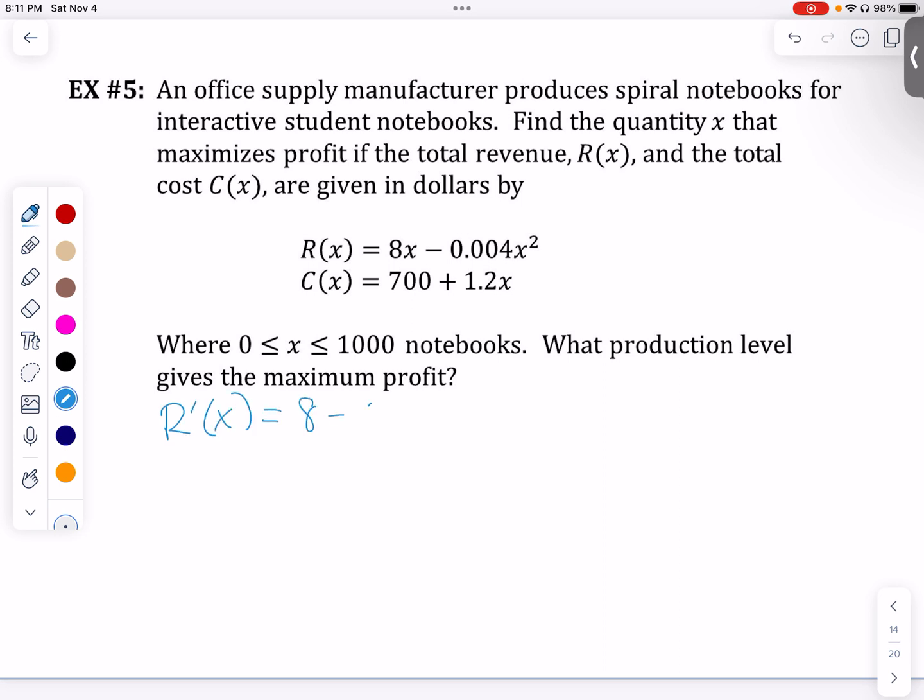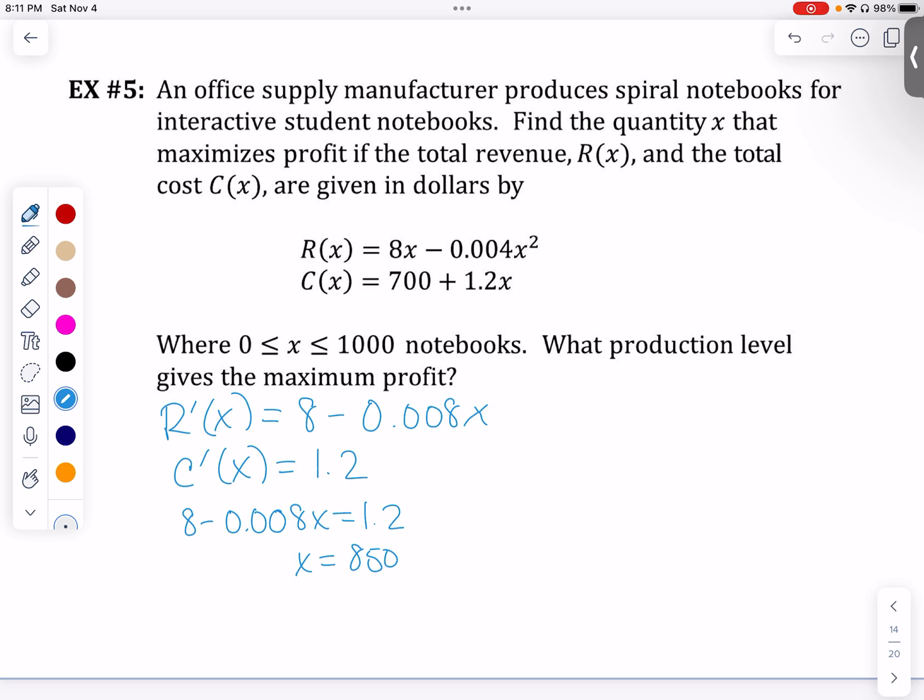I got 8 minus 0.008x. And I want to know the marginal cost, which is just 1.2. So my goal here is to figure out when these two equations are equal. When I solve this, I get x equals 850.